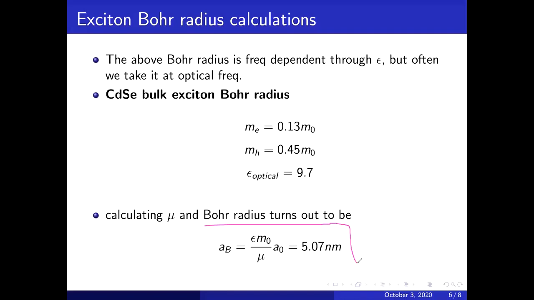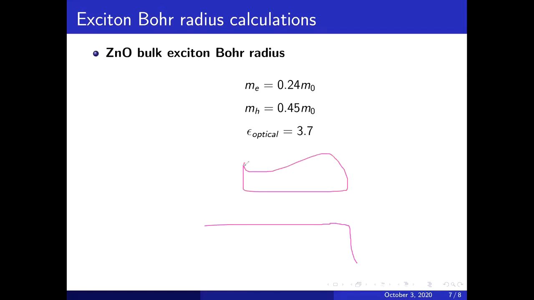Now let's move to another kind of crystal where this optical epsilon is not 9.7 but very small, about 3. For example, take zinc oxide. In a zinc oxide type of crystal, this is very small.